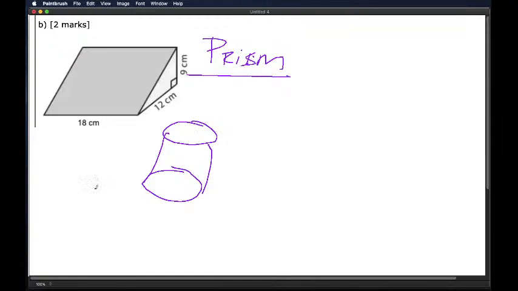So what you have to do is look at this triangle here and find the area of this triangle and then multiply it by how long you stretch it out, like this amount here. So this triangle is 1/2 times the base, which is 12, times the height, which is 9.